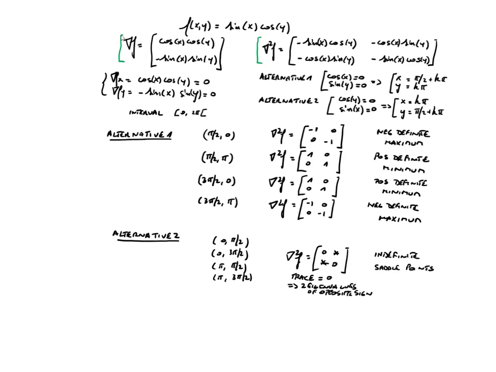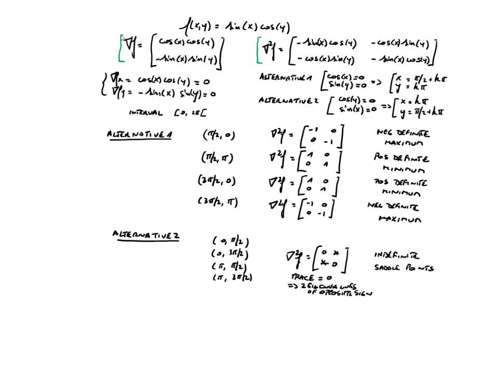I assume that you can do this and that you can work with partial derivatives. Then we have to look for the critical points, and the critical points make the gradient 0. So we have to solve this system with two equations and two unknowns. Well, there are two alternatives.